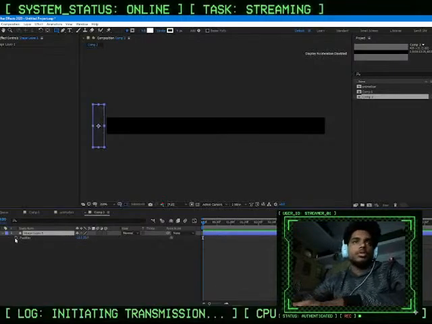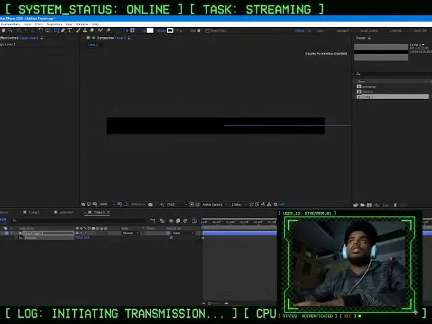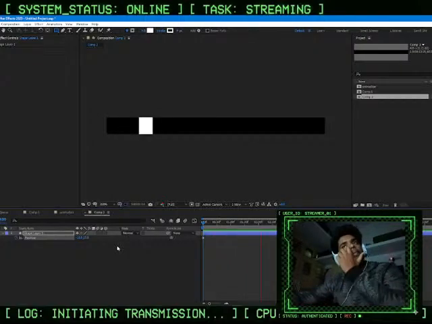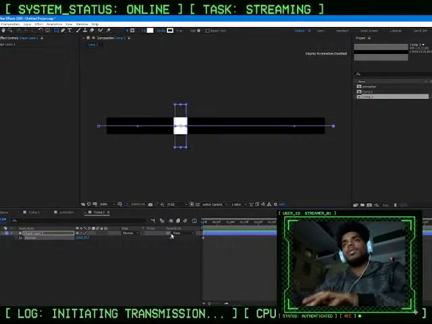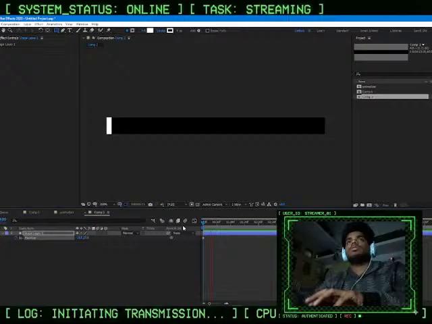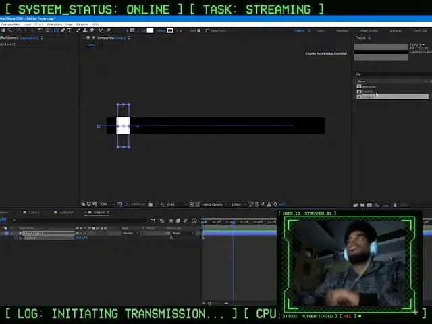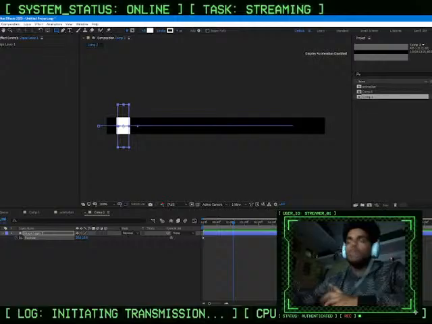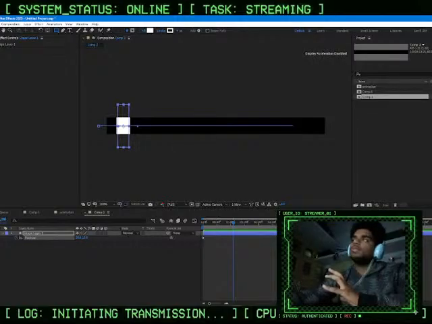So it should look nice. I'll take the position value, take it here and pull it up. Okay, so if I see this, yeah, and I can have motion tile. What it basically does is make copies.